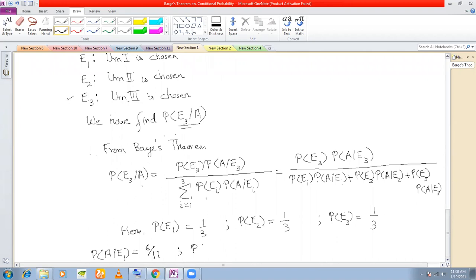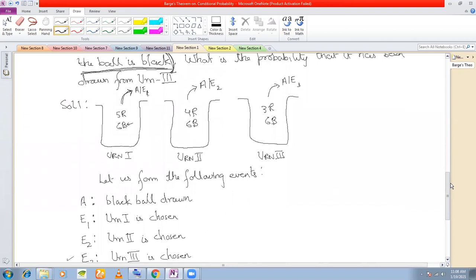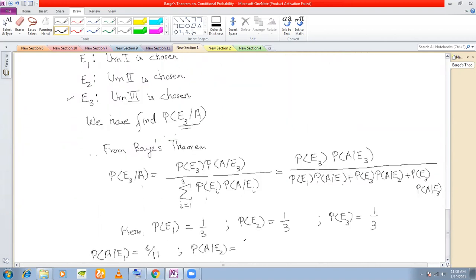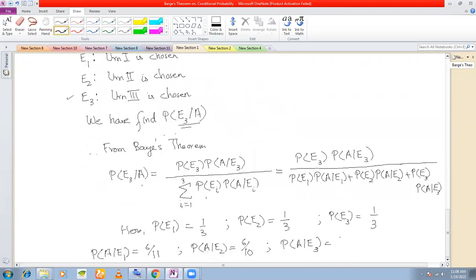Next, P(A/E2): probability that a black ball is chosen given that urn 2 is selected. This is 6 by 10, right? And P(A/E3): probability that a black ball is chosen given that urn 3 is chosen. So 6 by 9. Now we have got all the values that we require in Bayes theorem.